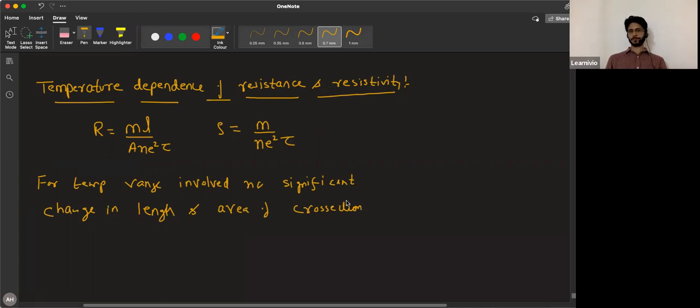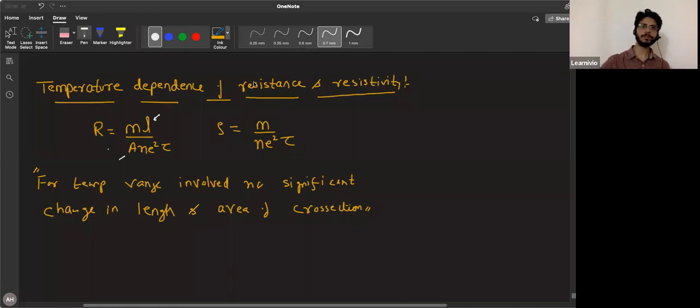Arpit, after this statement, the variation in resistance and resistivity will be same or different? See, the difference between resistance and resistivity is length and area of cross section. If length and area of cross section are not changing, then resistance and resistivity will have the same type of variation, right? Yes, sir. If you remove these two things, then resistance and resistivity are the same thing.